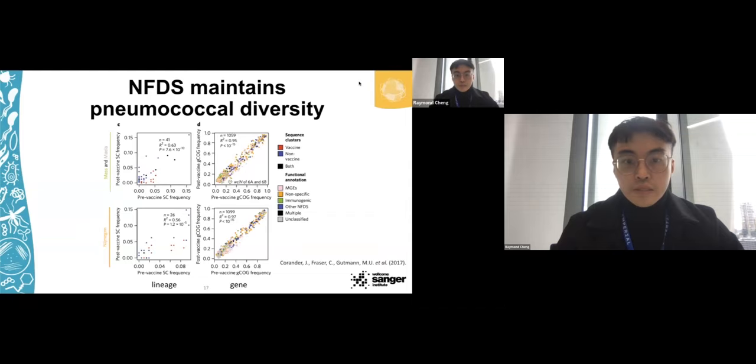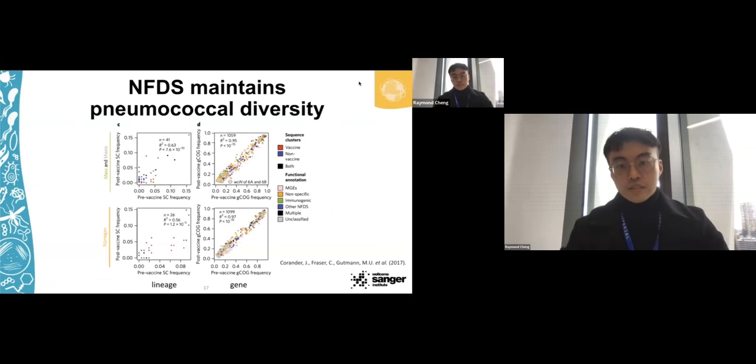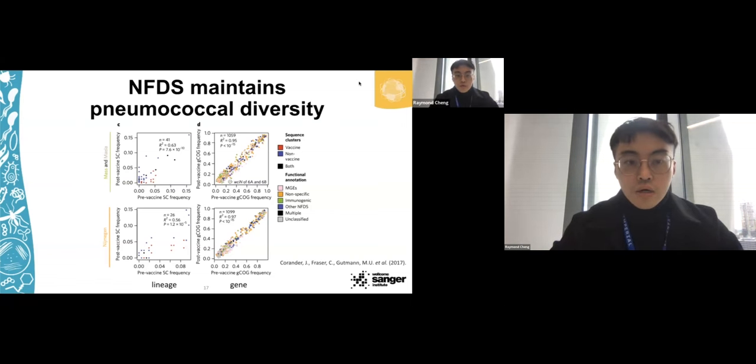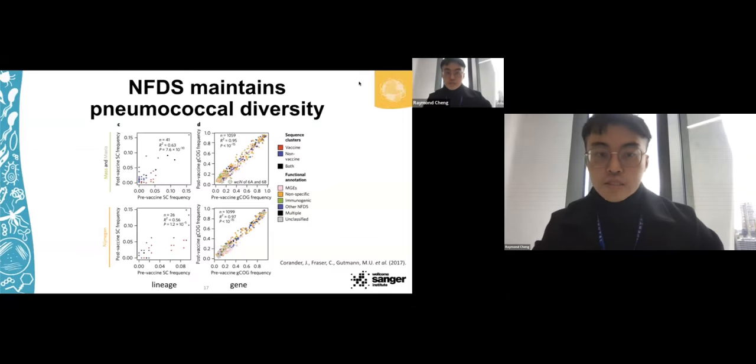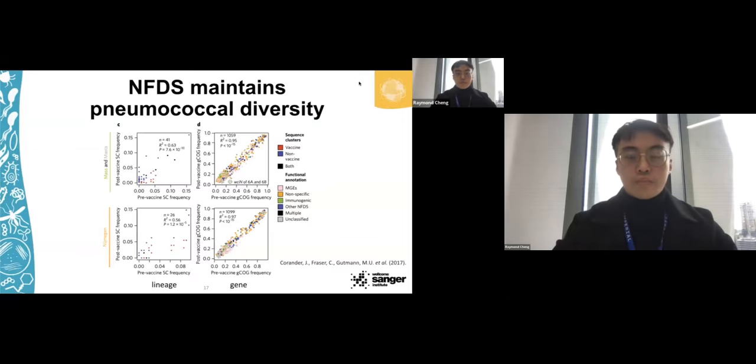And then when they look into the pneumococcus, we have a vaccine, and the vaccine will target certain vaccine types. So we wondered how the pre-vaccine pneumococcal population correlates with the post-vaccine pneumococcal population.